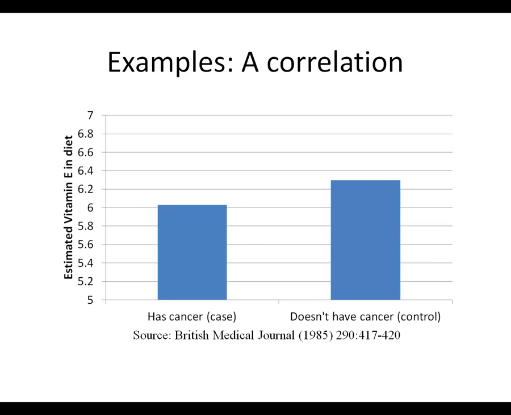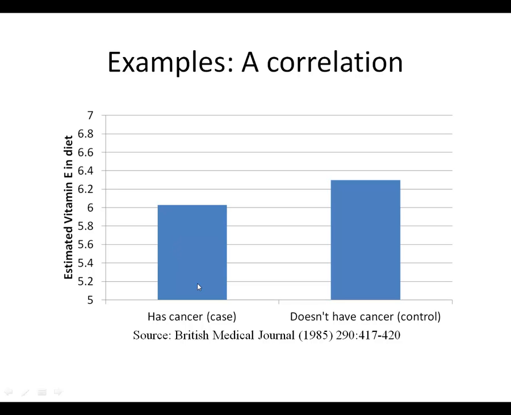Now, an example of a correlation that has nutritional applications and that is not silly is this. This is the original data. It comes from 1985 and caused people to begin to think that maybe vitamin E protects people against prostate cancer.